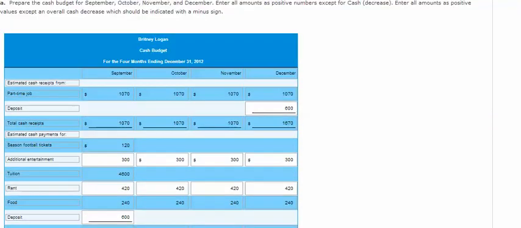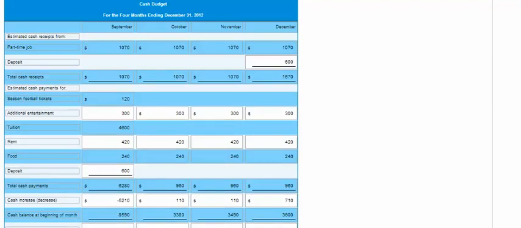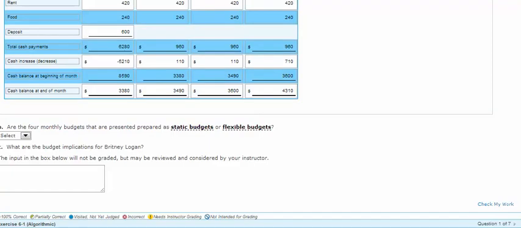So here I've prepared the cash budget for the months of September, October, November, and December, and considered all the proper items.